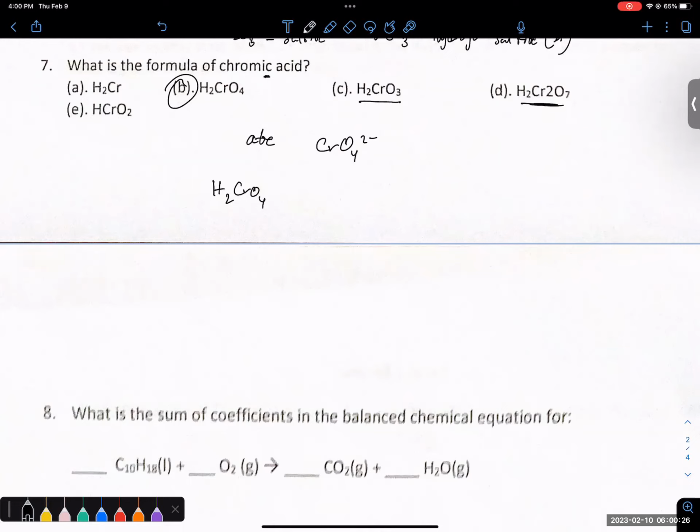So ic corresponds with the ate ending, and ous corresponds with the ite ending. What about this one? So hypochromous acid. All right, what about this one? I don't even think this exists, but what would that theoretically be?